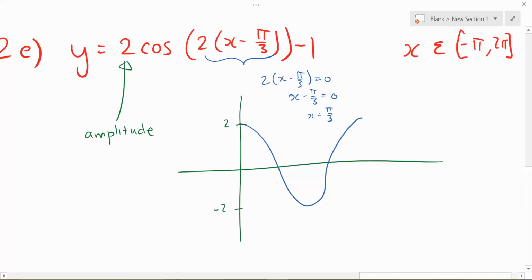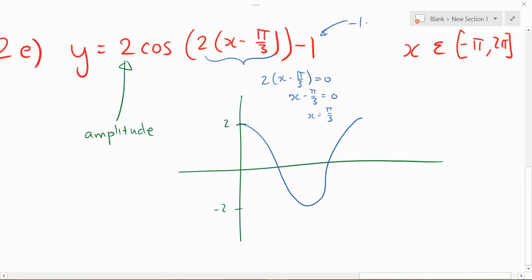So I'm just looking at the transformations. That's a vertical stretch by a factor of 2, so it goes to 2 and -2. This tells me left or right. The technique I've always taught you is to let the inside equal 0 and solve for x. If it's positive, it moves right. If it's negative, it moves left. And finally, what does the -1 tell you? It goes down 1.